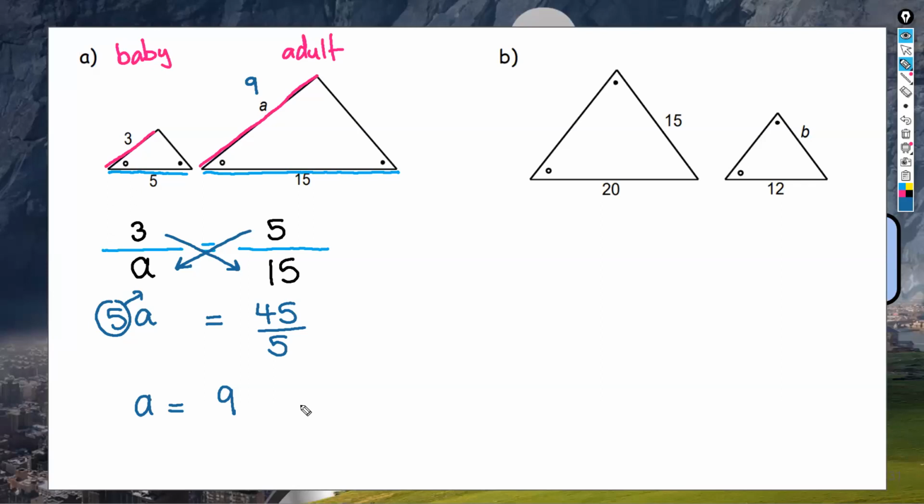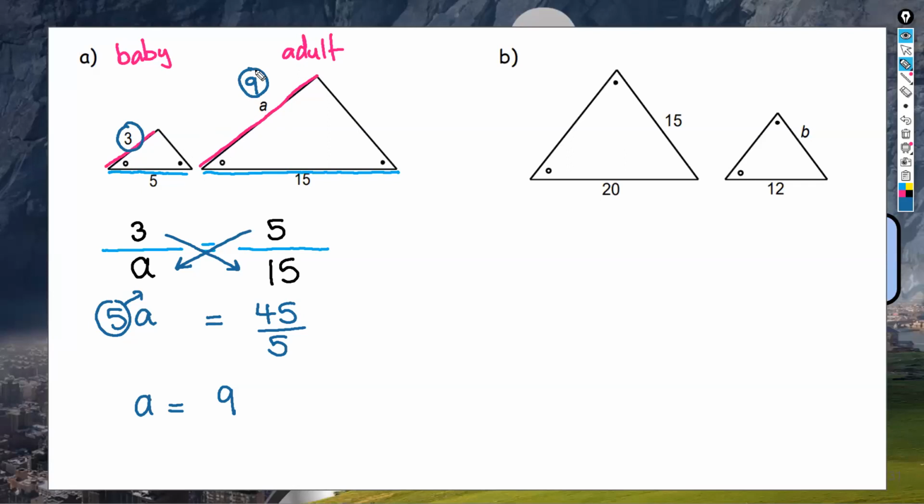Now, there's one thing that a lot of people misinterpret about similar triangles. From just looking at this, you all notice that the sides got how many times larger? Like this side is 3 and this side is 9.